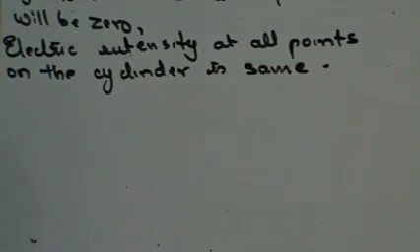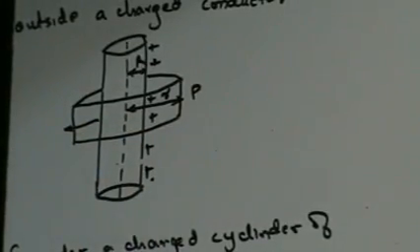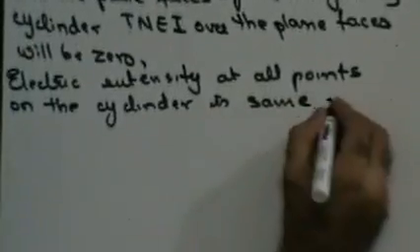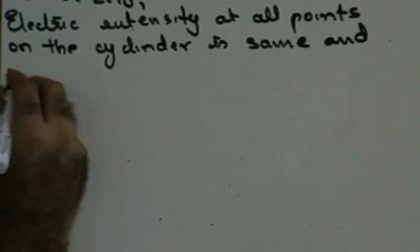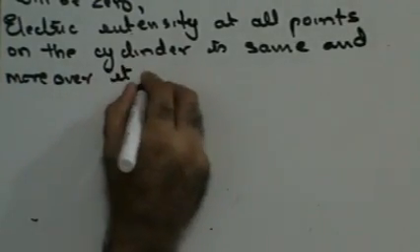Moreover, the electric intensity given out from the cylinder will be perpendicular to the Gaussian surface. These lines of force will move outward and they will be perpendicular to the curved surface area of the Gaussian surface. So I can say, moreover, it is perpendicular to the surface.